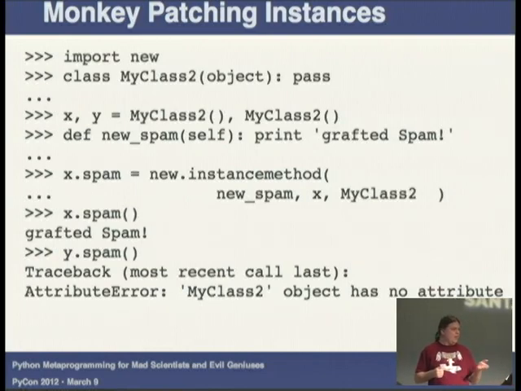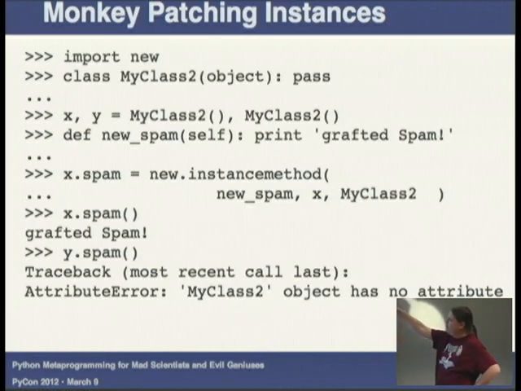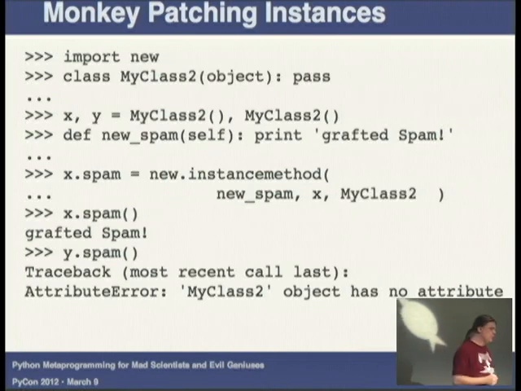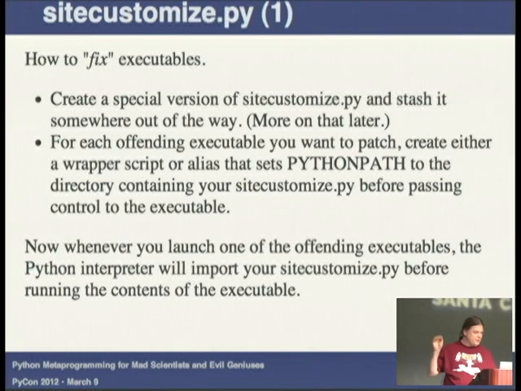And if the class had actually defined a span method, then X would have had the version you see appearing down here, and Y would have whichever version had been defined in the class. In effect, you could think of X as being a single instance subclass of that class. So if you need to just do a single instance, that's how you do it.